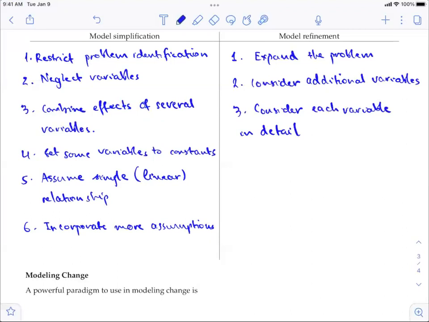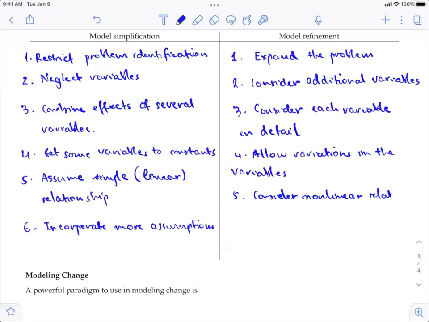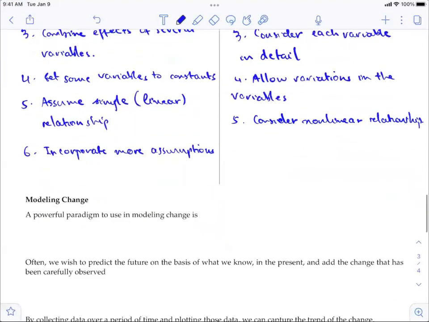And then number 4, allow variations in the variables. Number 5 is to consider a non-linear relationship, because the relationship between the variables in real world problems is going to be non-linear most of the time.